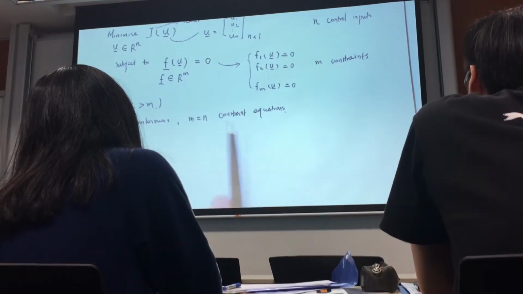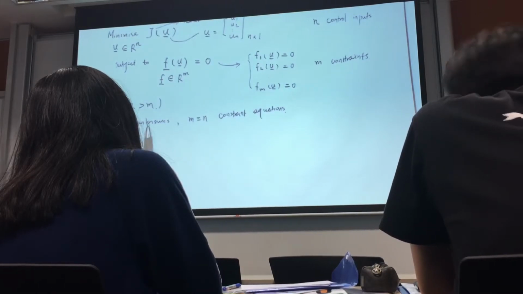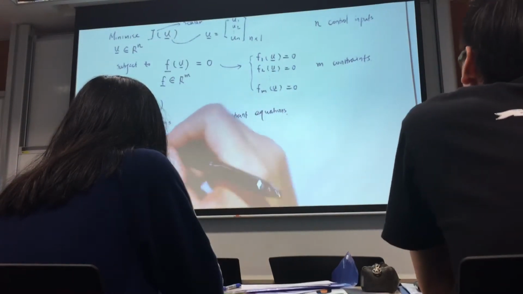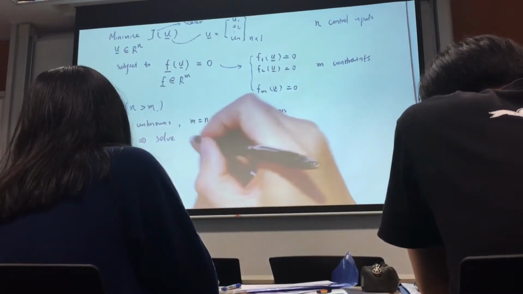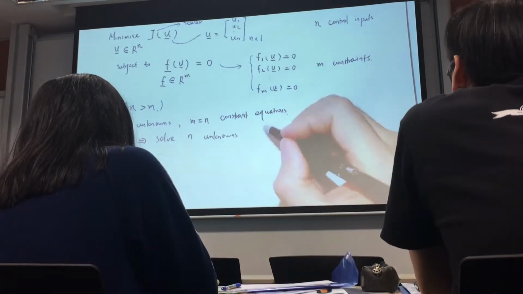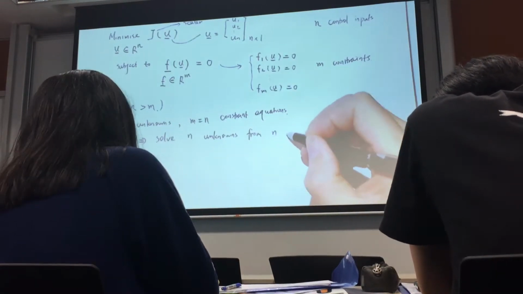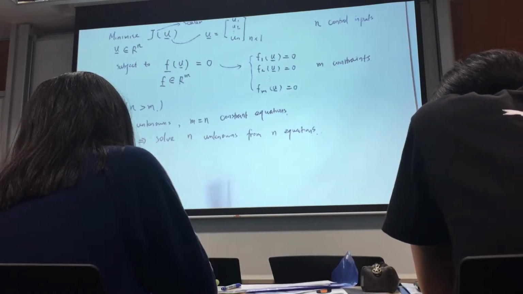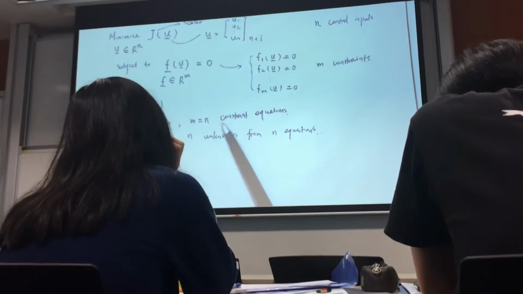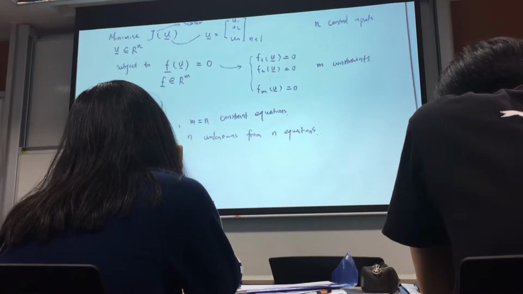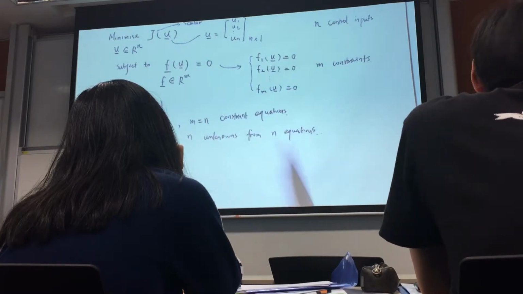In this case, we can directly solve these unknowns from the equations. So it's not a minimizing problem. We don't need to minimize anything because we are already able to determine these unknowns from the constraint equations.